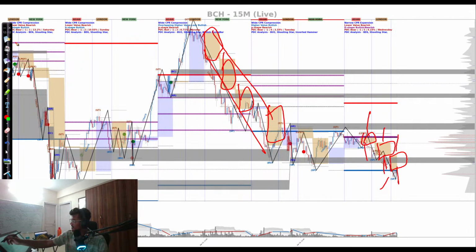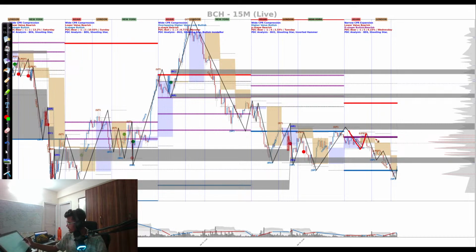The market is already trading below that candle on the lower time frame. If it comes around here, the 4-hour chart is already in a downtrend. So that's how we combine multiple different confluences and build a strategy on it.